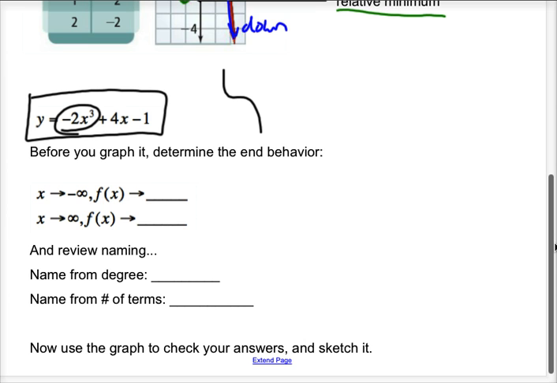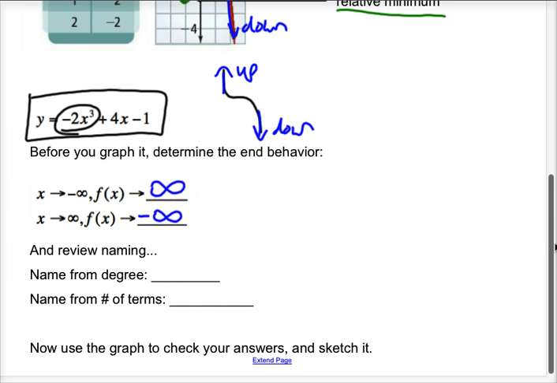So remember, when I ask you to determine the end behavior, what you can do is just draw that really rough sketch. Then see on the left-hand side, what is it doing? Well, it's going up to positive infinity. The right-hand side is going down to negative infinity. Okay? And just a little stuff about naming to remember what we did yesterday.